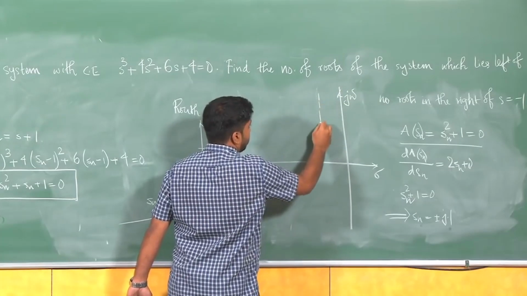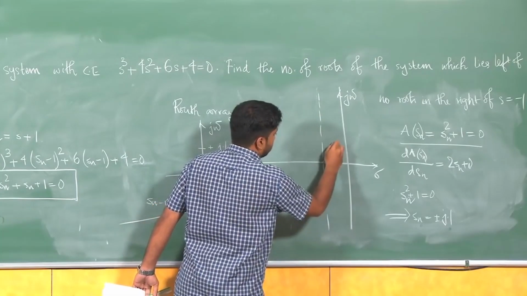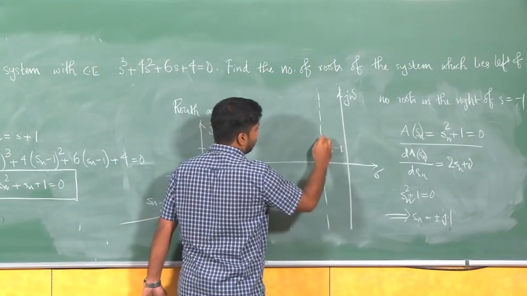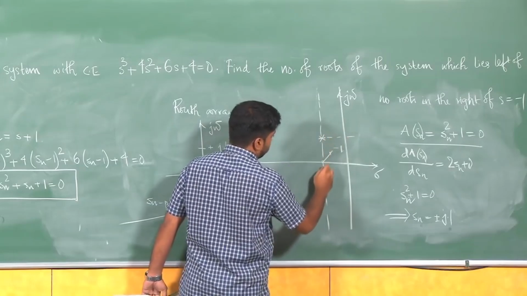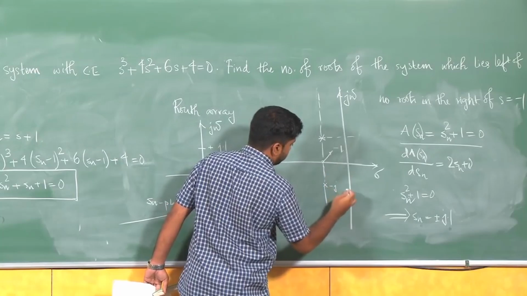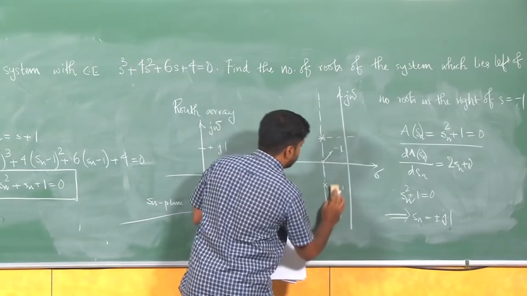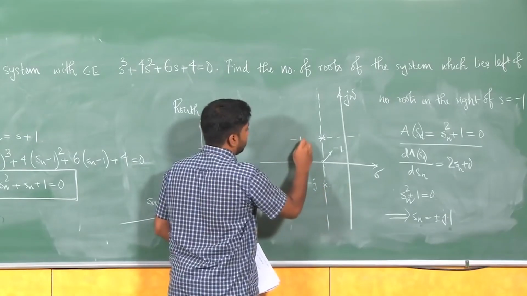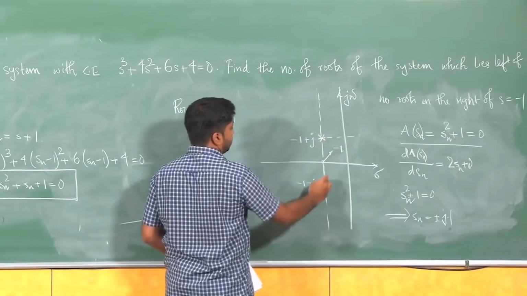So, we have shifted the axis to minus 1 and there are two roots at minus 1 minus j and minus 1 plus j. So, there are two roots here.